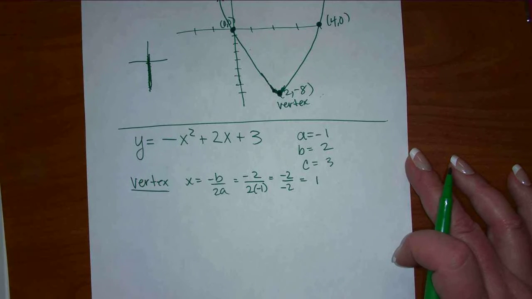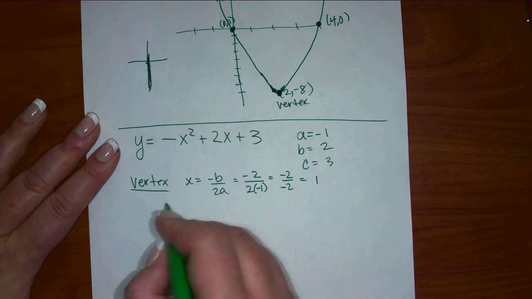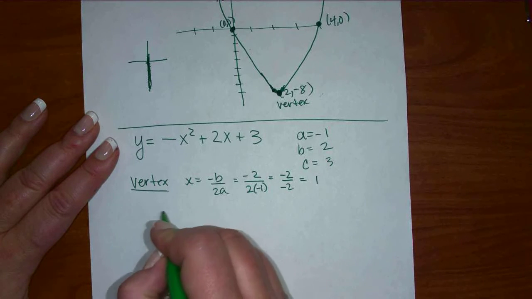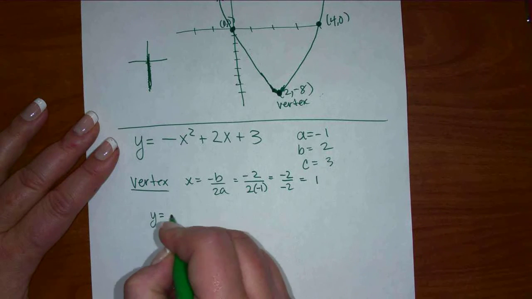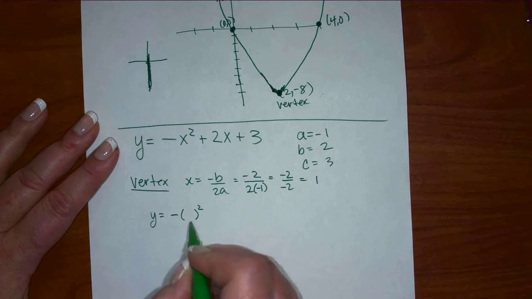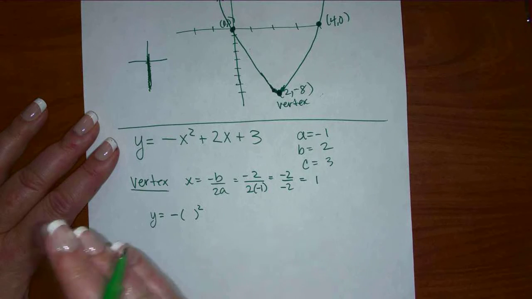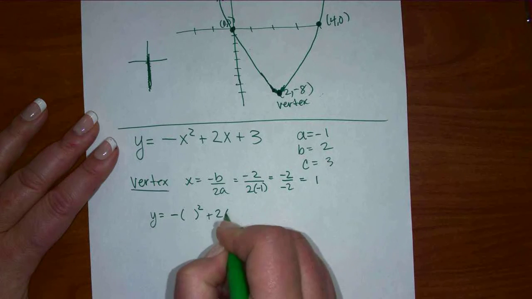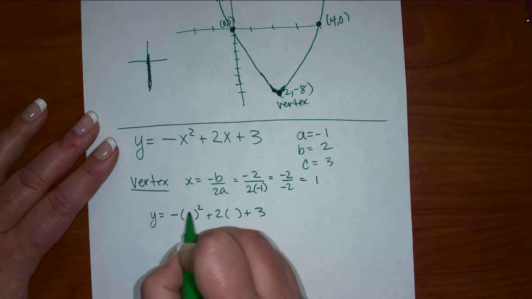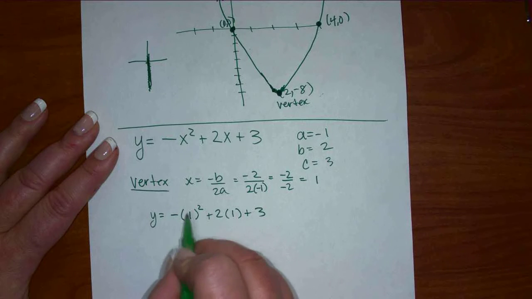Plug it in. But be really careful when you plug this in because people make a mistake with this all the time. With that negative in front of the x squared, you square it and then change the sign. That negative is not squared. It's in front of the x squared. So when you put this 1 in, if that had been a negative number, sometimes people mess up.